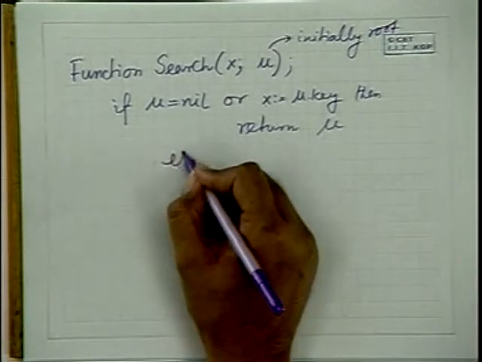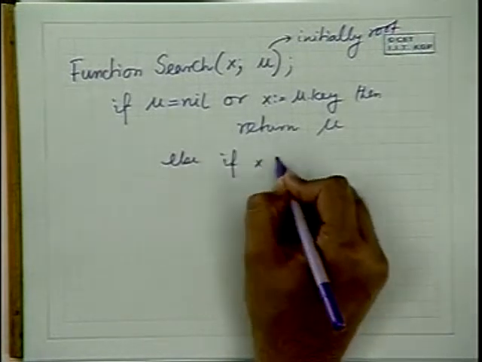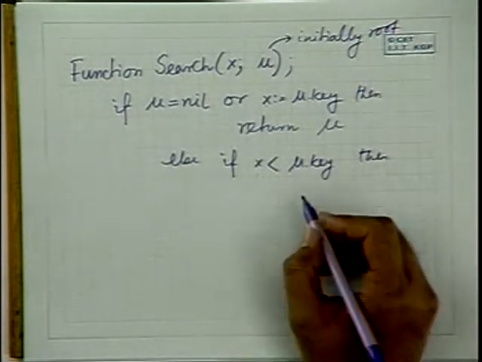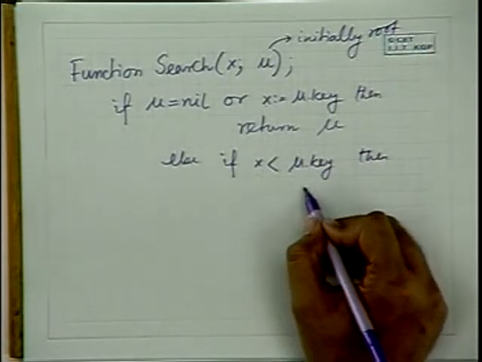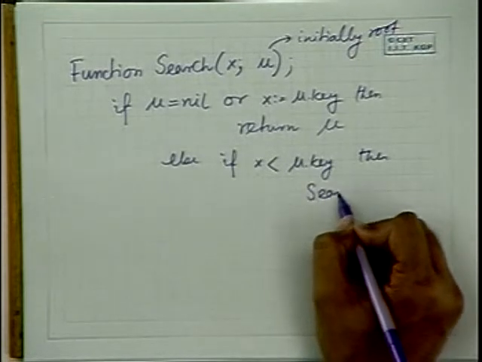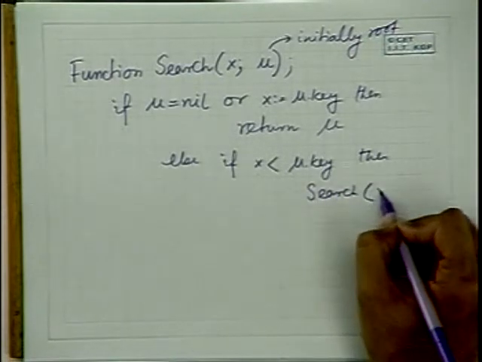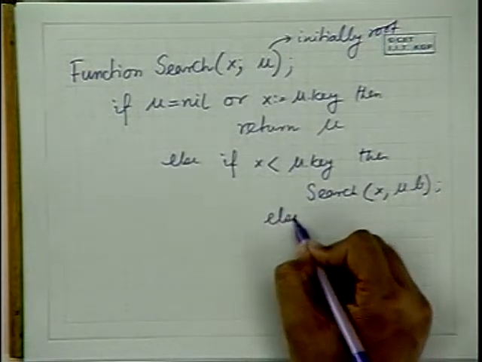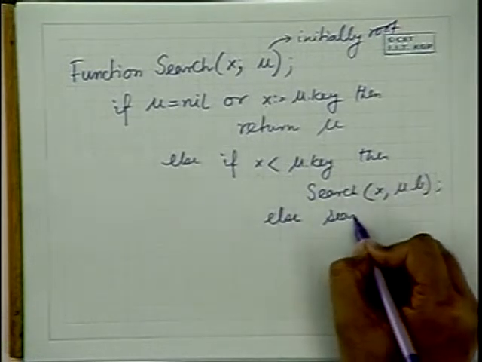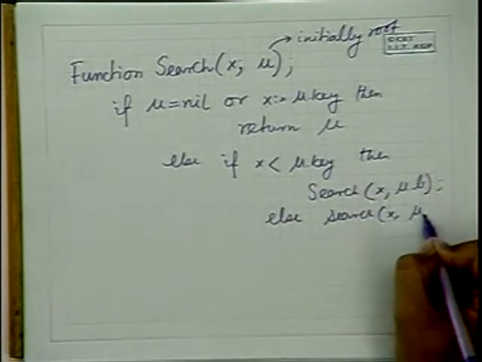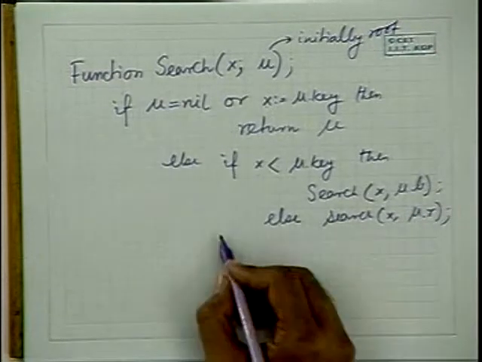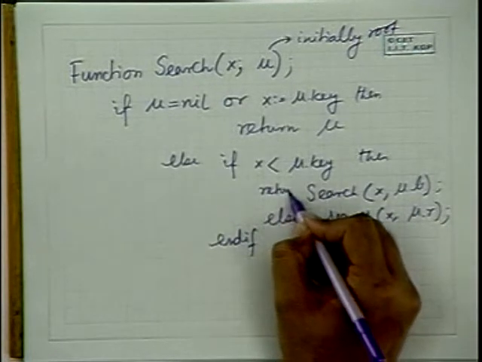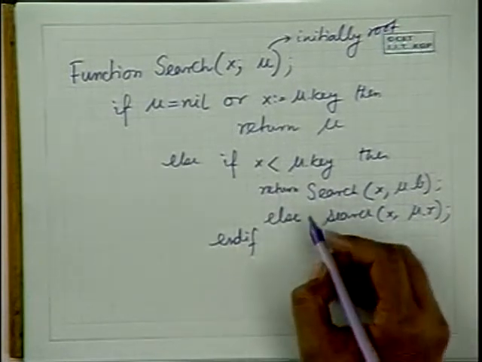Else, if x is less than mu dot key, then we have to give a recursive call. So you give the recursive call search x, mu dot left. Else, search x, mu dot right. And you can say return here, and return here also.